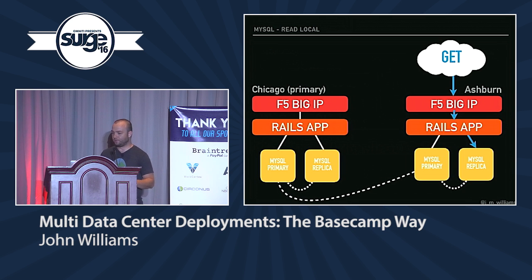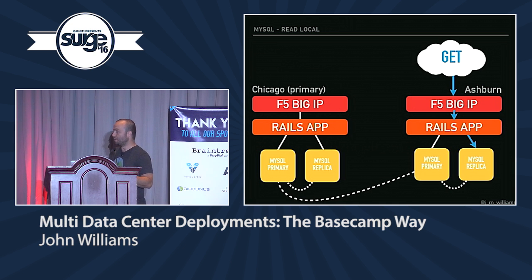So here's an example of a user that makes a GET request that comes into Ashburn, which right now is our secondary data center. The request comes in, goes through our load balancers, through the Rails app, and then makes its MySQL reads from the MySQL replica that's in that data center, which is a replica of what's in the primary data center.